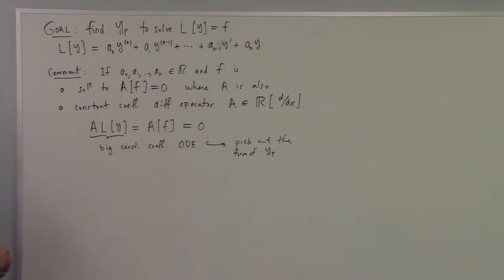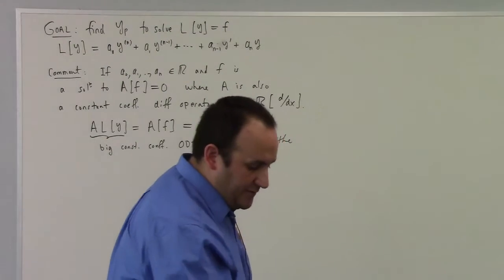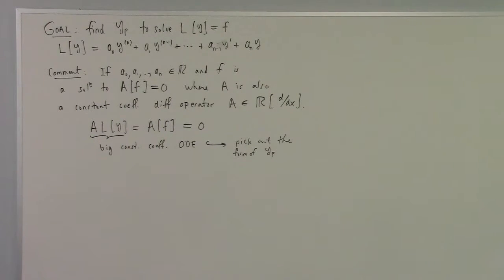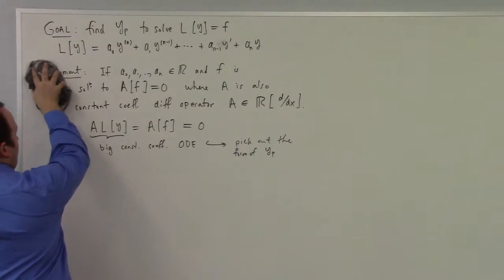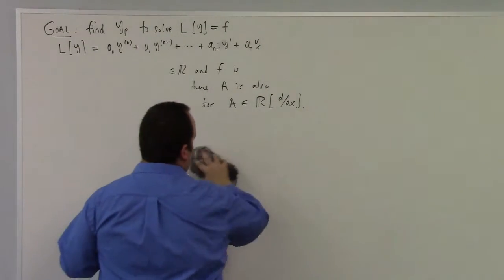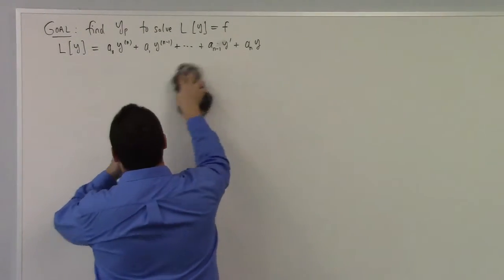And so that's where the next method enters in, which is called variation of parameters. What I'm going to do for you guys is derive it in the simple case, the n equals 2 case, and then I'll talk to you about how we do it in the nth order case in a second. I think the n equals 2 case is a little bit easier to follow. So I'm going to put away all this stuff.